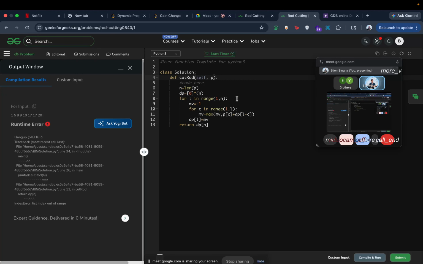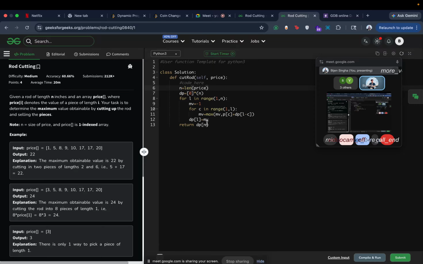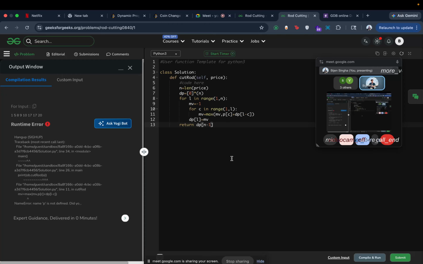Price, and dp of n minus 1, right? N minus 1 it would be. Okay, I think it will work now. Print. It was dp of n minus 1, right guys? What is max value? Can't find max.